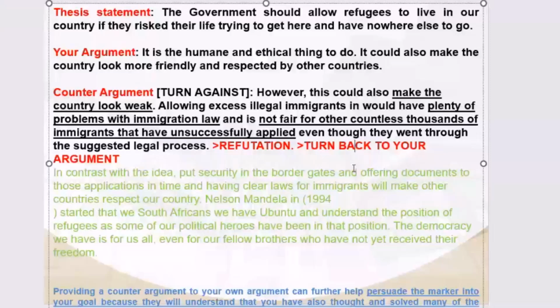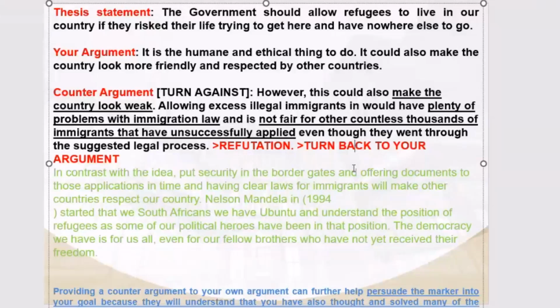You say offer documents to those applicants in time, and having clear laws for immigrants will make other countries respect our country. So basically, you are countering those views that say that no, it will create problems for our immigration laws.